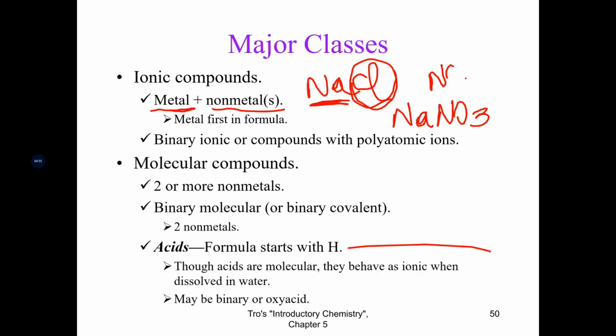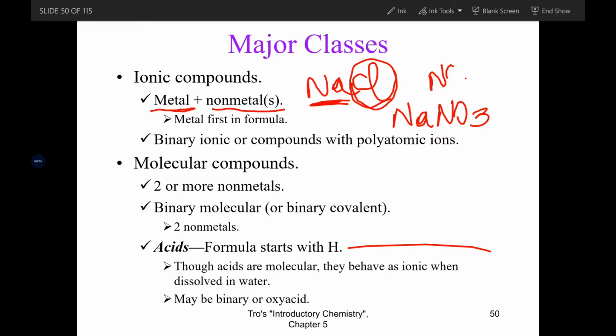Then we have molecular compounds. With molecular compounds, we can have two nonmetals. For example, we got carbon monoxide or carbon dioxide, where you have two or more nonmetals.